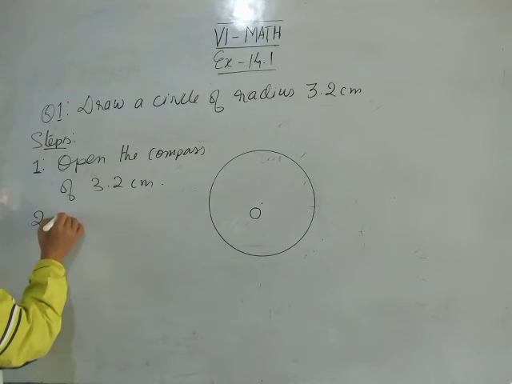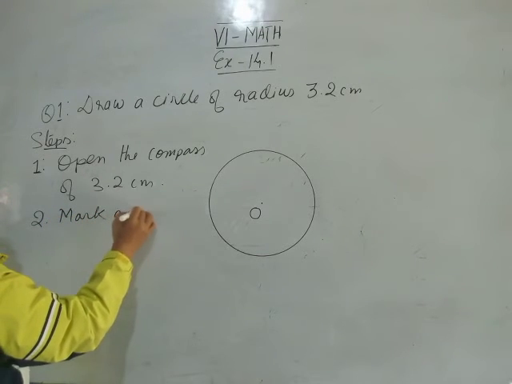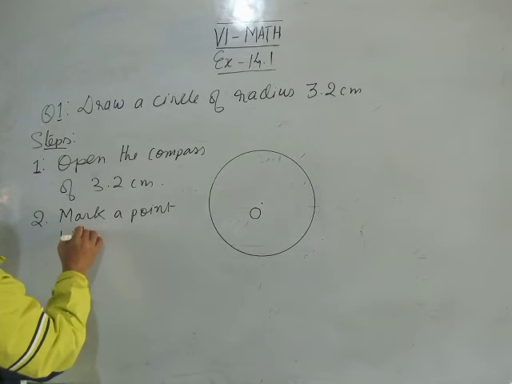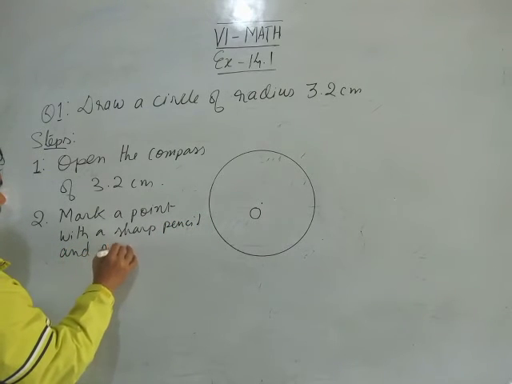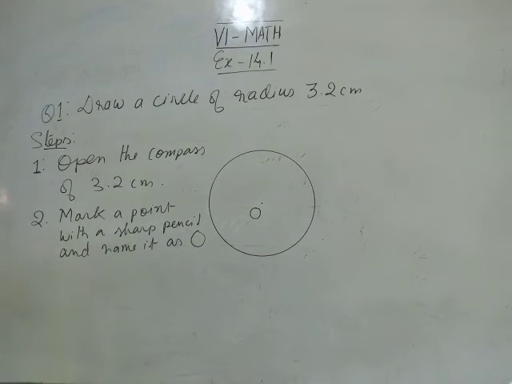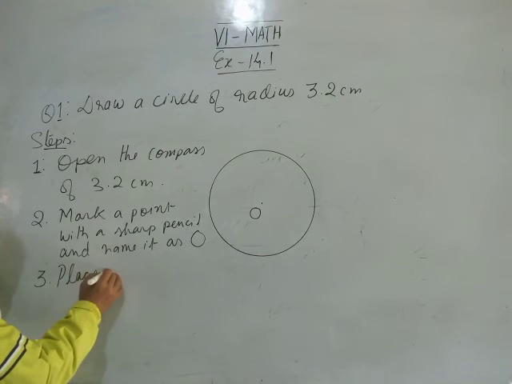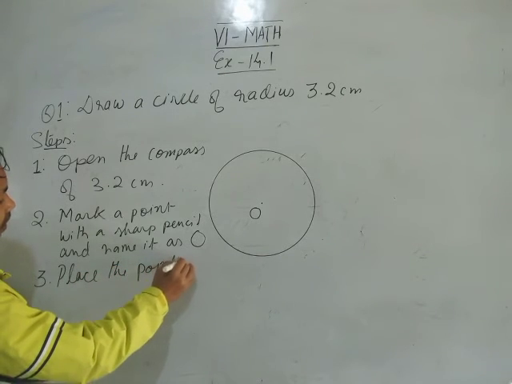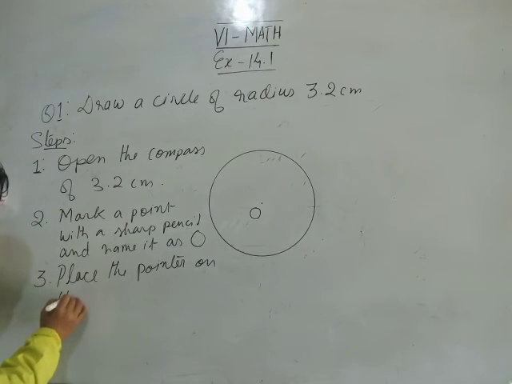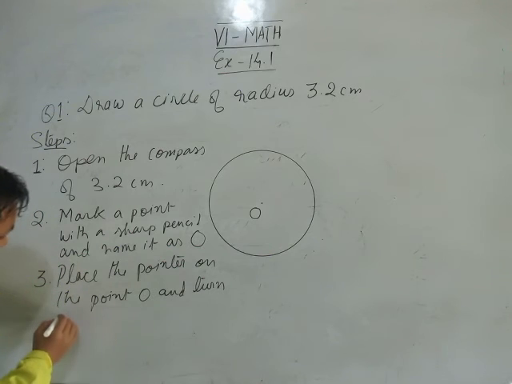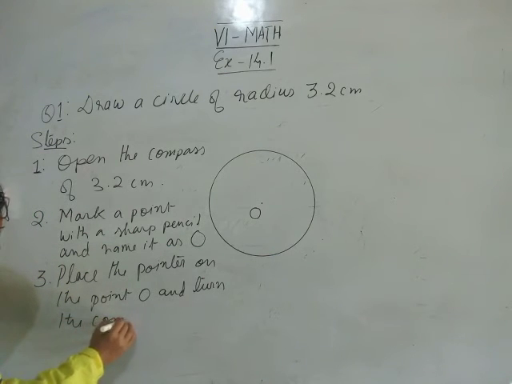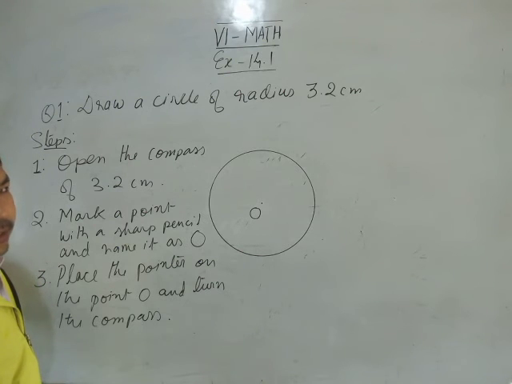And step number two, mark a point with a sharp pencil and name it as O. Okay, and step number three, place the pointer on the point O and turn the compass. Make one complete turn of the compass.